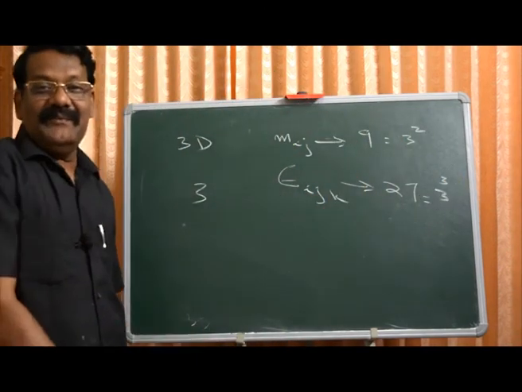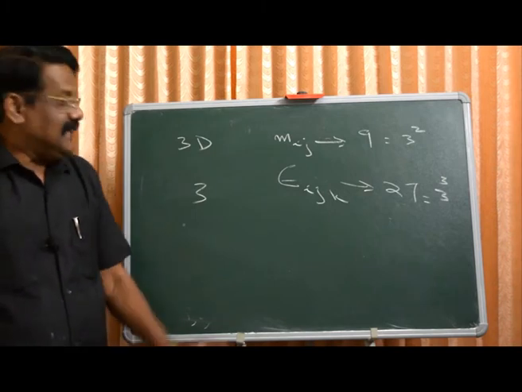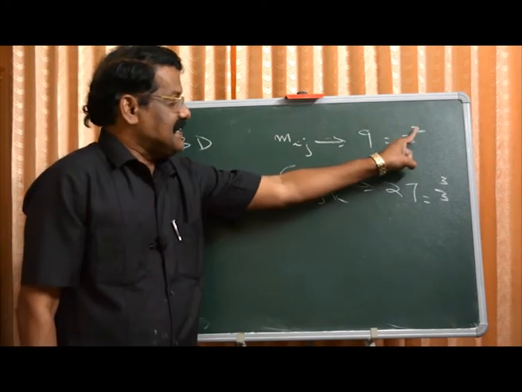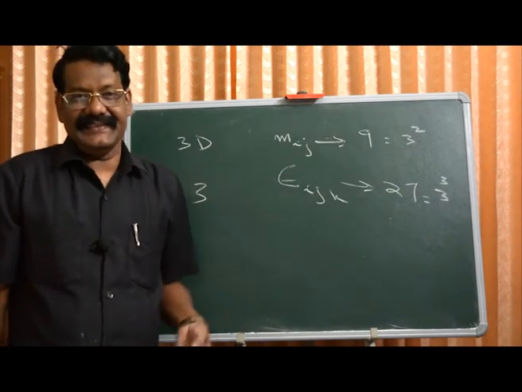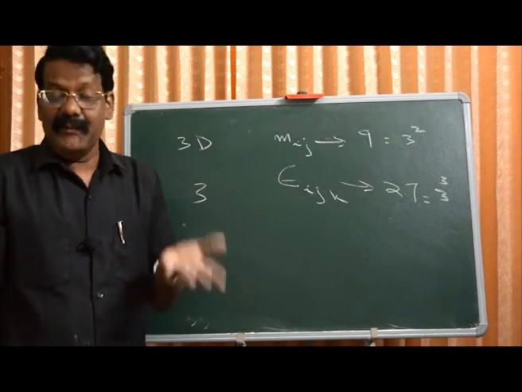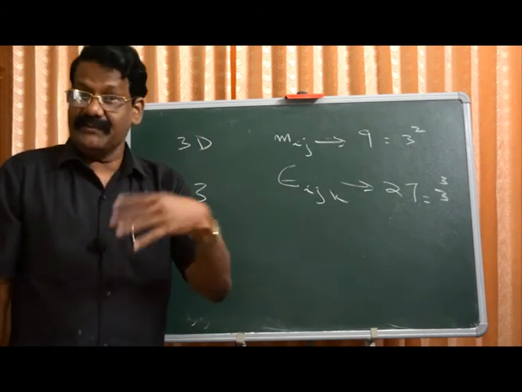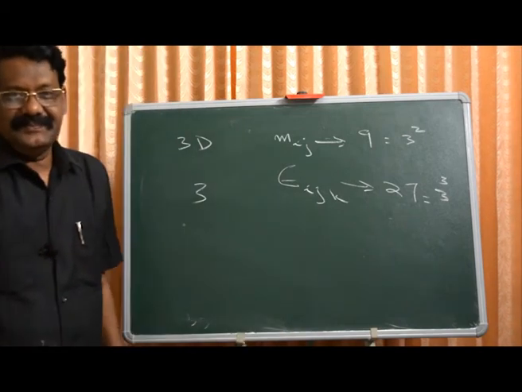Now we developed a very famous formula in tensors. Correct? This is called a second rank tensor. When 2 indices are attached, it is called second rank. When 3 indices are attached, it is called third rank. When 4 indices are attached, it is called the fourth rank. I will come to that point later. Correct?